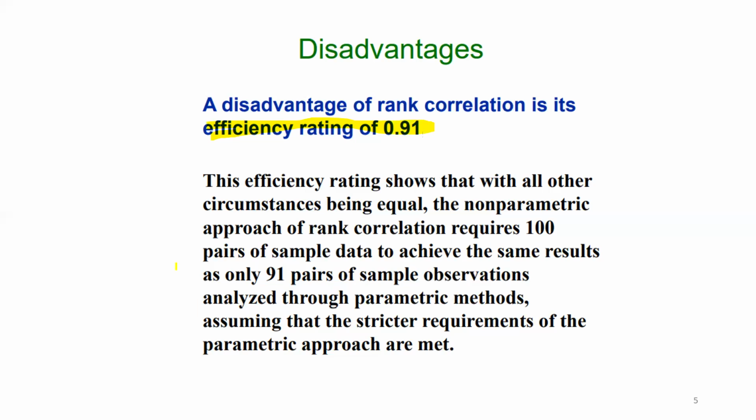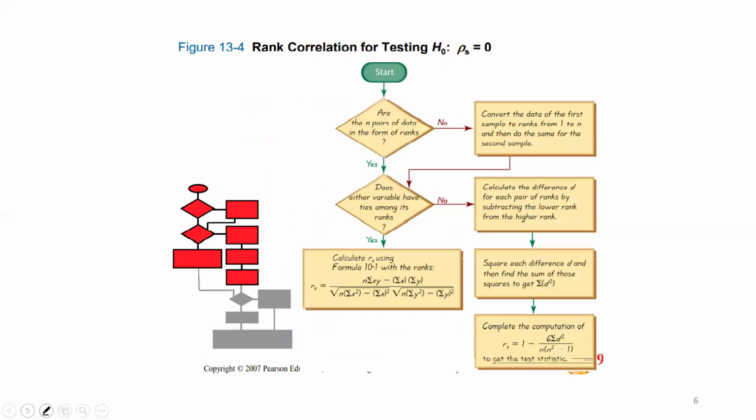So in parametric, you need only 91 observations to get this result, but in non-parametric you require 100 observations. That difference is there, so we can consider it a disadvantage of rank correlation.